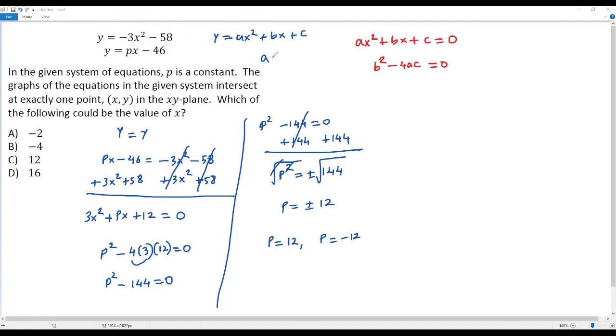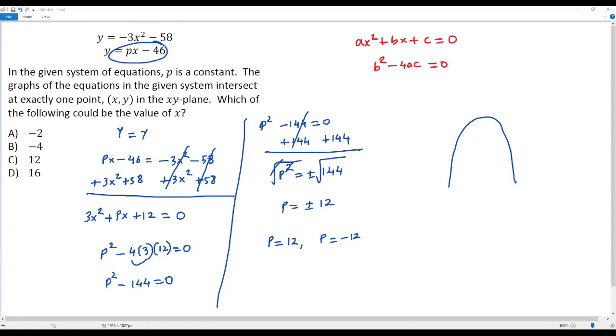So that's the value of a. When a is greater than 0, then the parabola we get for this quadratic function will open up. If a is less than 0, then it will open down. Here in this quadratic function, the leading coefficient is negative 3, which is negative. So the vertical parabola we get for this one will open down. So this is the graph for the first one.